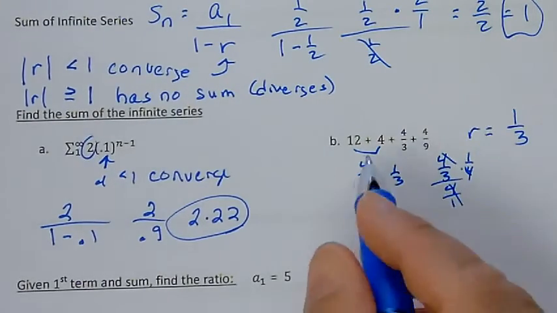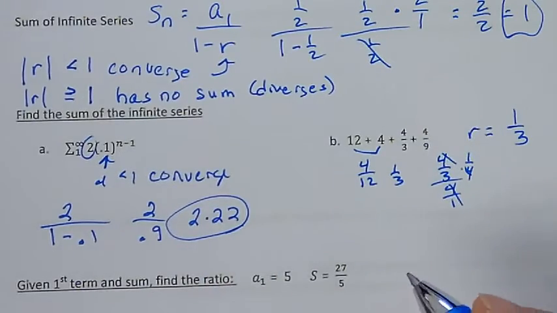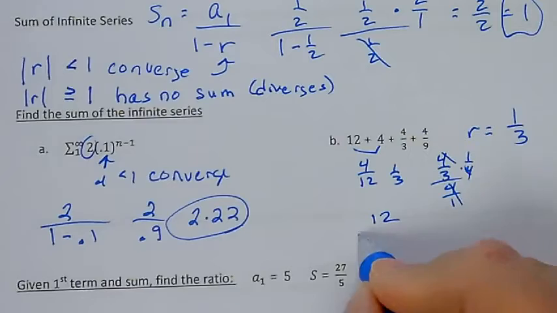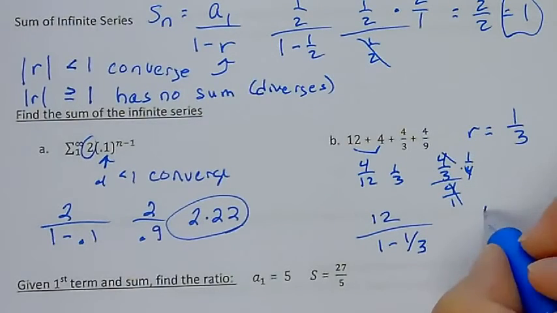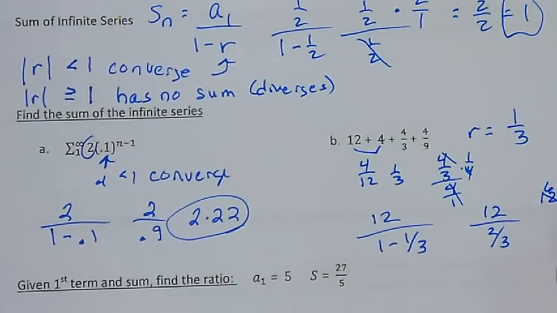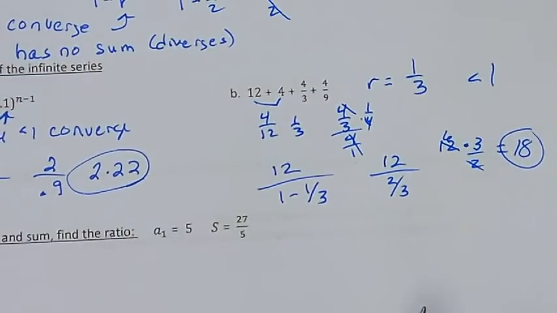If it was going the other way, it wouldn't, because it would be multiplying by 3 instead of 1/3. So the first term divided by 1 minus the rate: 12 over 2/3, so 12 times 3 over 2 would be 18. So this one is going to converge around the number 18.